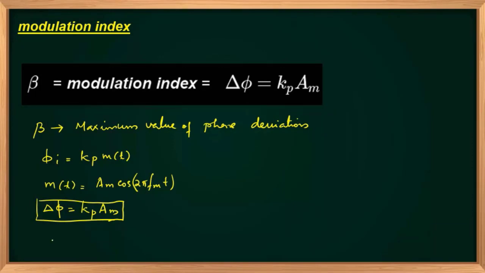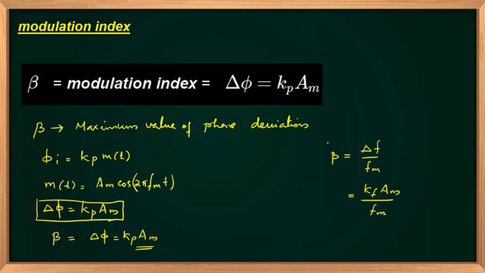So beta, the modulation index of the PM wave, equals the maximum value of phase deviation, which is Kp into Am. So modulation index depends on the amplitude of the modulating signal, but does not depend on the frequency of the modulating signal. In FM, beta was defined as frequency deviation divided by fm, which is given by Kf into Am divided by fm.